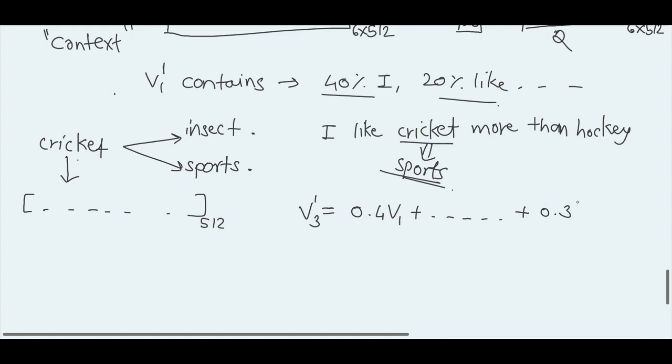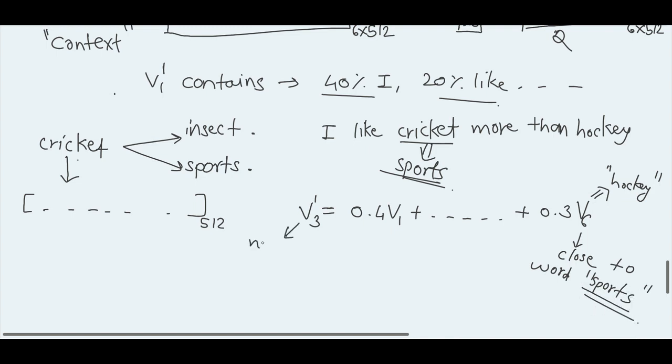So it will contain 30% of the numbers representing the term hockey. And as the term hockey is closer to the word sports, these new numbers representing the word cricket will look similar to the numbers representing the word sports.